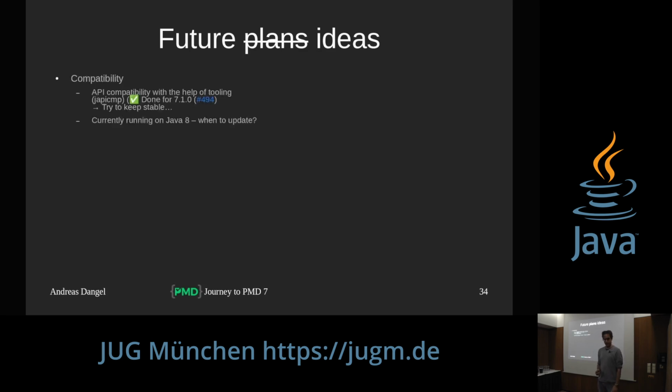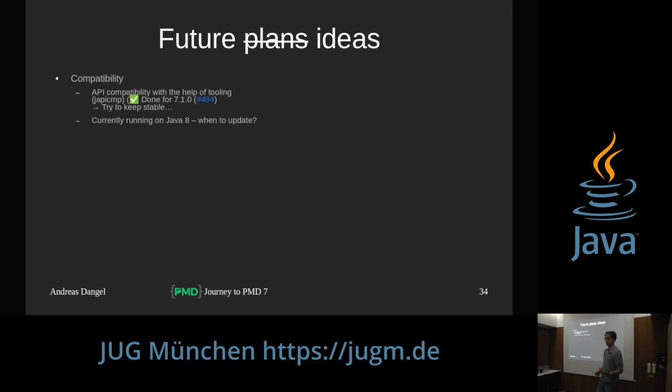So the first thing is compatibility. We have seen that it's important to have some compatibility, because it really takes some time until all the downstream consumers are up to date.